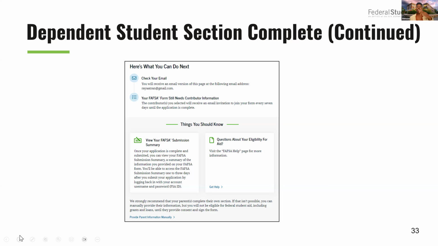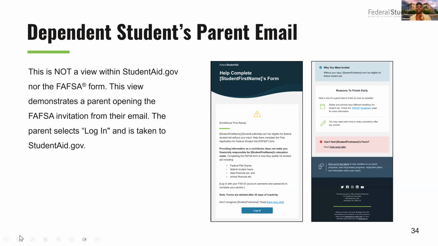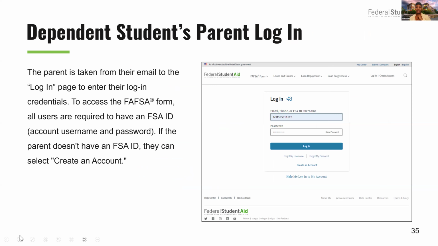You'll see that they're instructing the student, and you'll also get this email to check your email. The email is going to come from the Department of Education saying that you need to complete the 25-26 FAFSA for your dependent child. Okay, and this is a sample of what the communication will look like from the Department of Education.